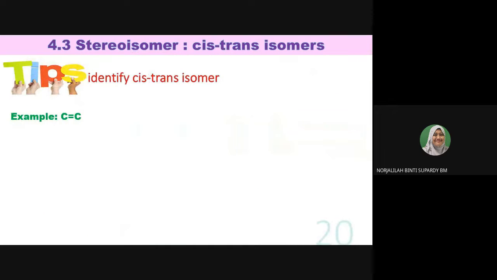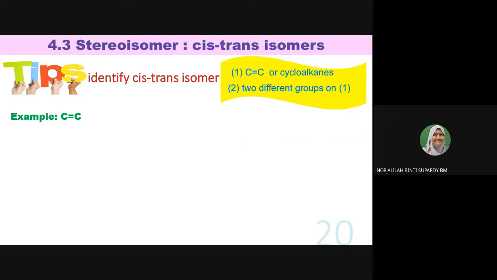So this is an example of cis-trans isomers. When you want to check for the existence of cis-trans isomers, you need to remember that there are two requirements.